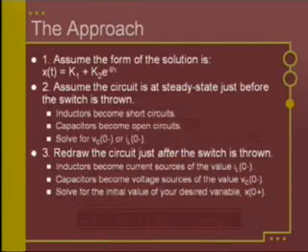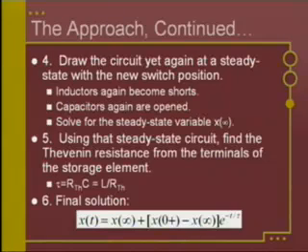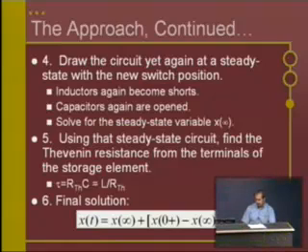So then we're going to draw the circuit again at steady state with the switch in its new position. And what that means practically is that it can be shown, and I think it discusses in the notes, that all it takes is five occurrences of the time constant, whatever that happens to be, because the time constant is a time.